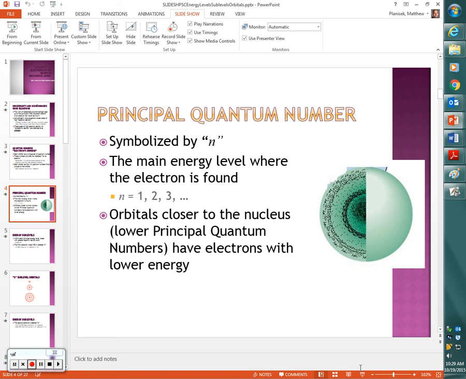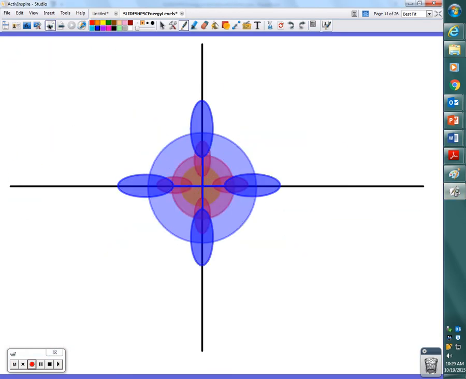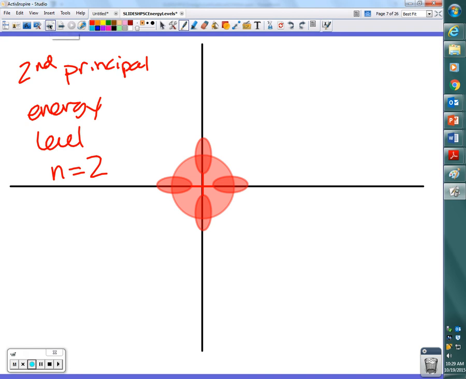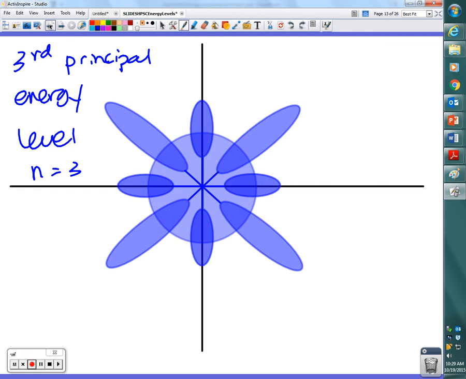Yep. So Joe's question was, when we're looking at the total number of orbitals, in the second principal energy level, there are actually 4 orbitals, a sphere and 3 figure eights, right? In the third principal energy level, there are actually 9 orbitals.